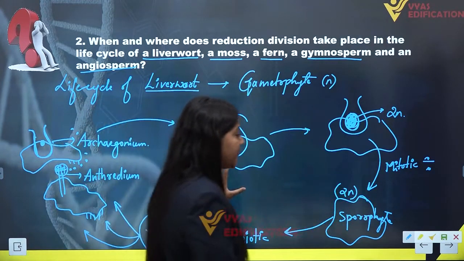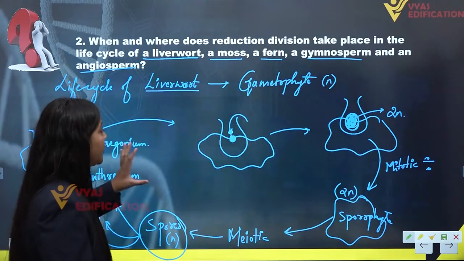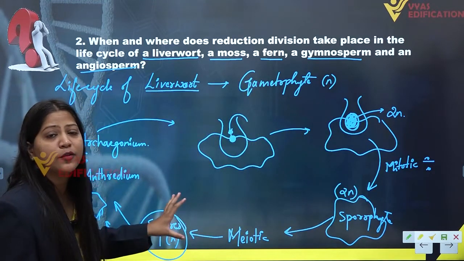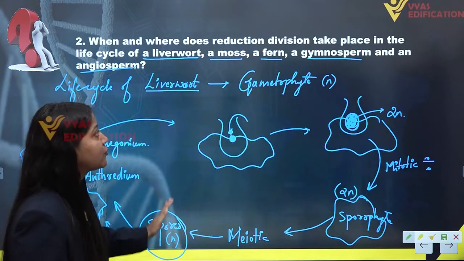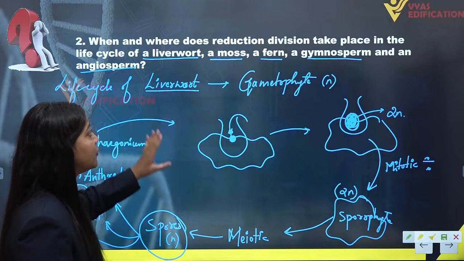So now from this life cycle, we have a clear idea of where and when the reductional division or meiotic division actually takes place in case of liverwort.